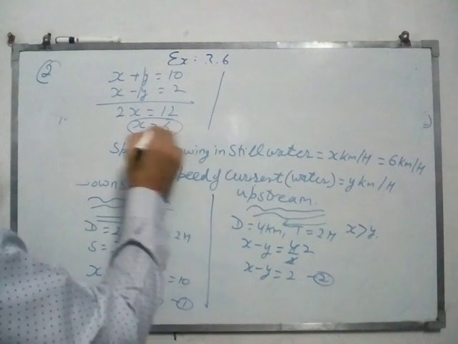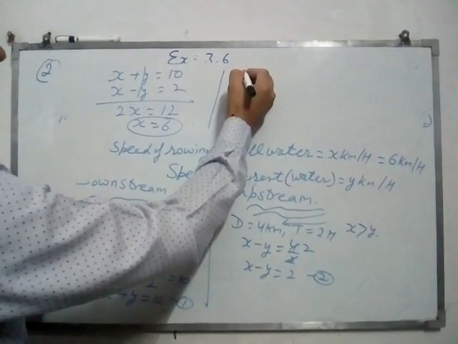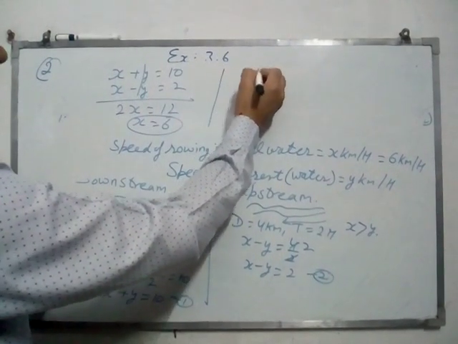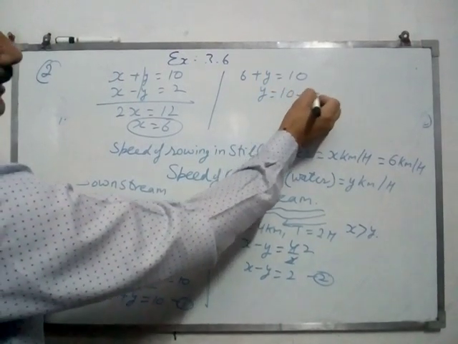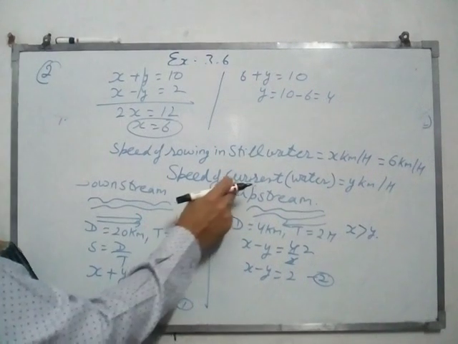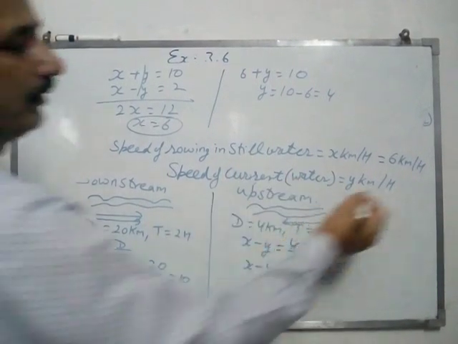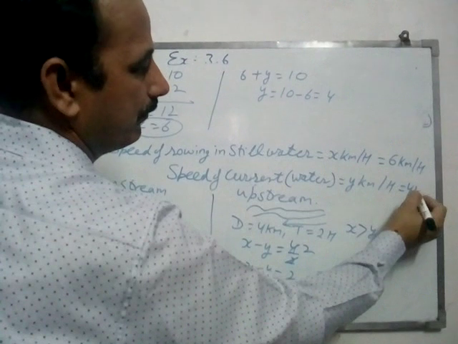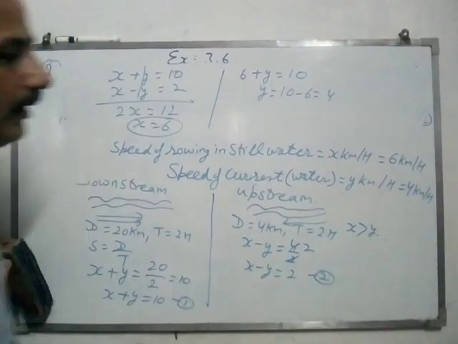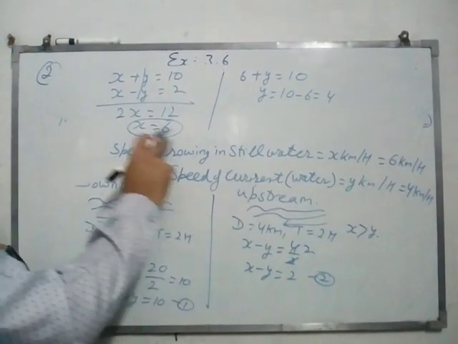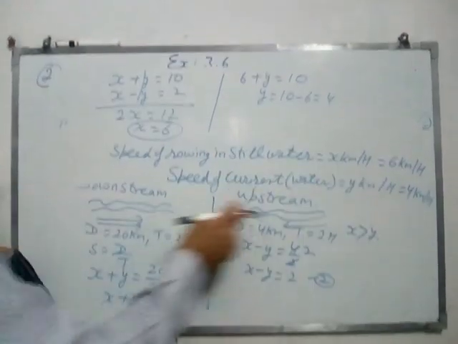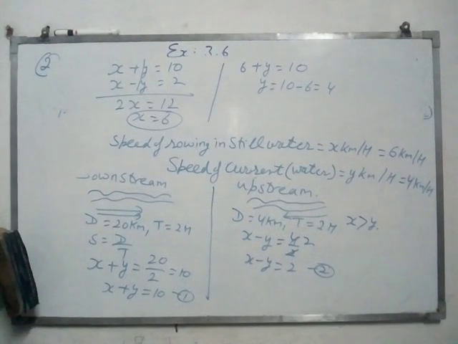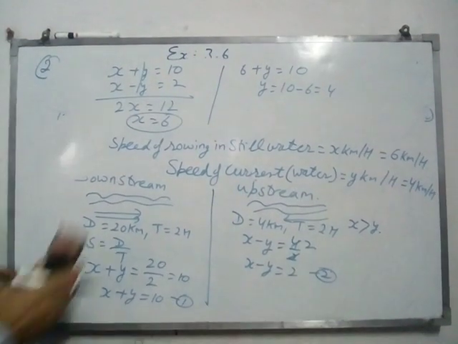Then put this value in equation number first: 6 plus y equal to 10. So y equal to 10 minus 6, that is 4. So the speed of current in the water, that is y, becomes 4 kilometers per hour. Right? So in such a way we find her rowing speed in still water and the speed of current. So look at the next part.